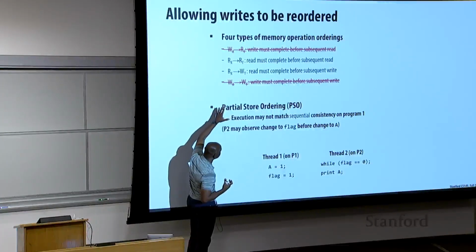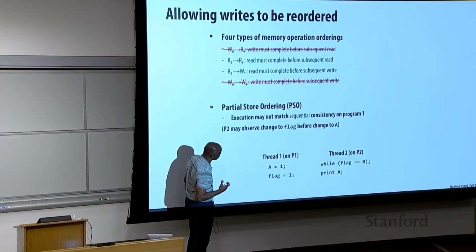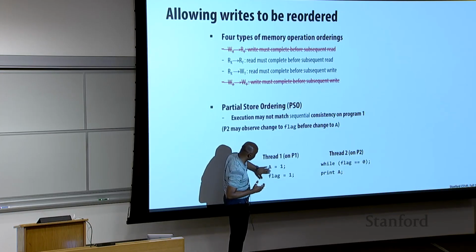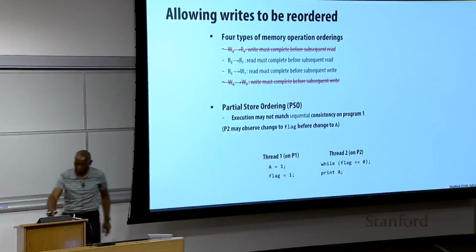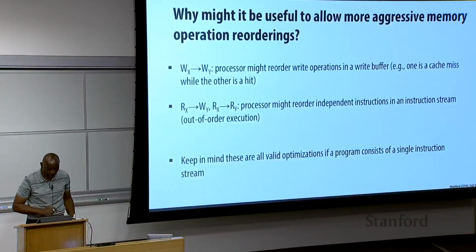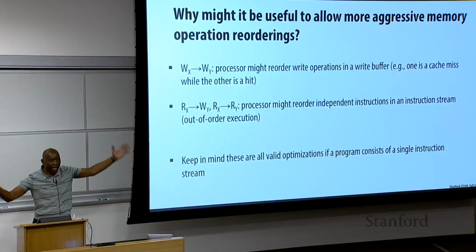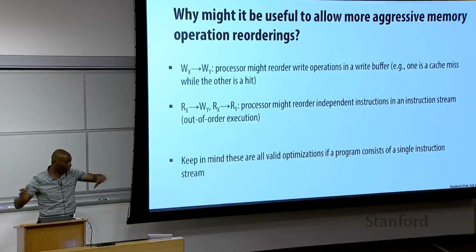We can reorder writes, and this is partial store ordering. And in this case, if we are protecting a change of a variable with a flag, we're trying to do synchronization, then things could get reordered, and our behavior would not be what we expect. Okay? So again, we're going to do this to improve performance.